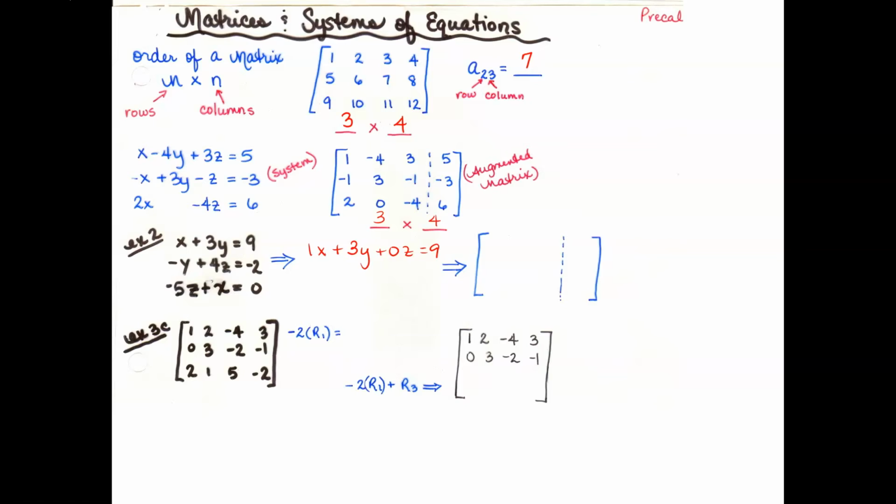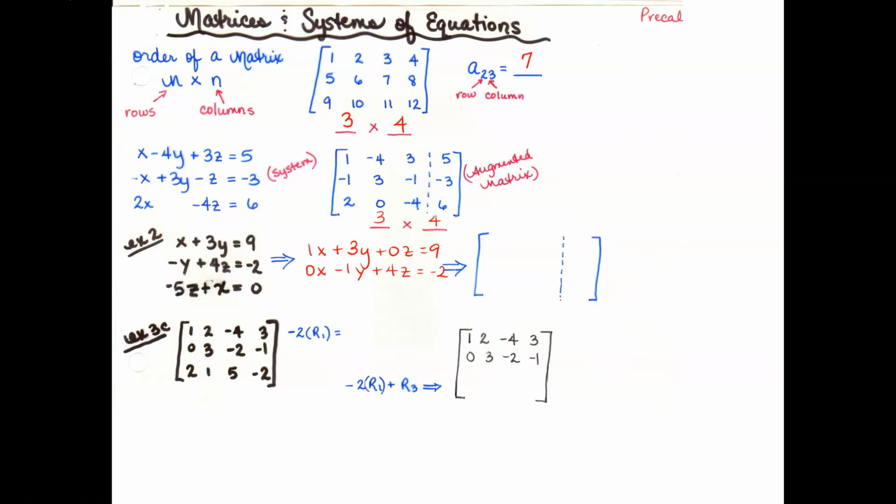How about your second equation? What do you need to fill in? 0x, yeah. So I would have 0x minus 1y plus 4z is equal to -2. Now my last equation has all kinds of stuff going on because order is important.